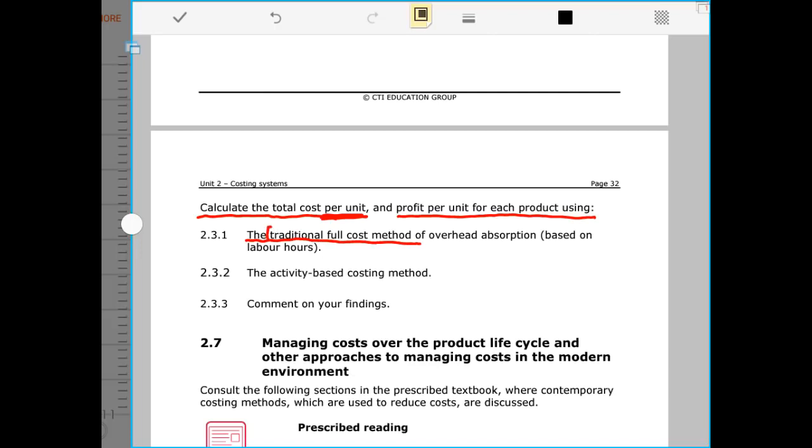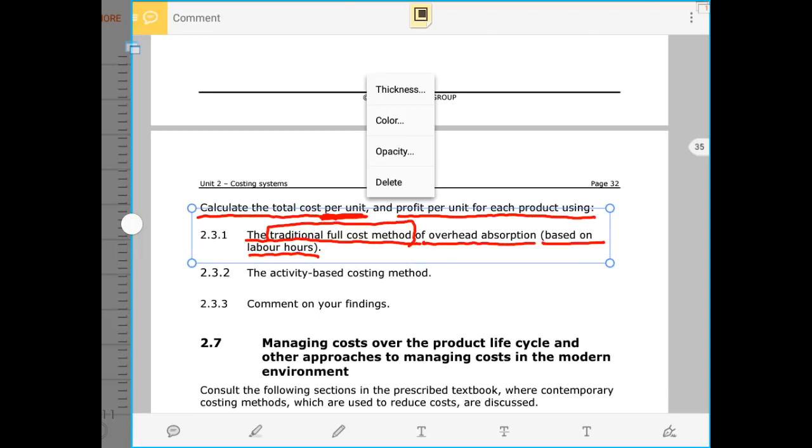Remember, the traditional full cost method is when we allocate the overheads using one base, and they say overheads are absorbed based on labor hours. That means when we allocate all the overheads under requirement 2.3.1, we must use labor hours, and then we'll be done.